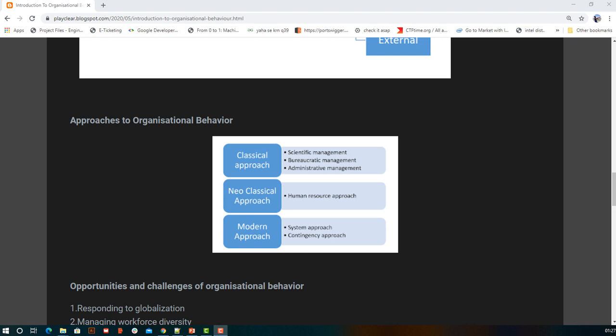Now the contingency approach, we can simply say, opposes or argues against the classical approach, where the classical approach used to say that if we have one best management principle, it can be applied to any kind of organization in any circumstance. But what the contingency approach says is that the complexity, the situation, the market, everything differs for every situation.